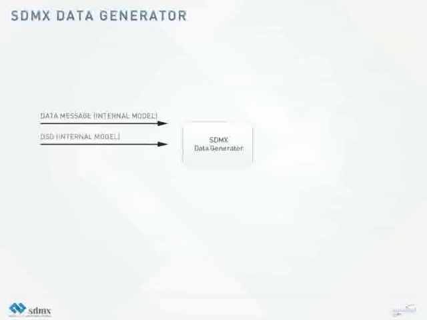Additionally, some metadata are required in order to produce the data set: the data structure definition and the SDMX ML dataset message format, giving the format in which the dataset should be written. The output is an SDMX ML dataset.